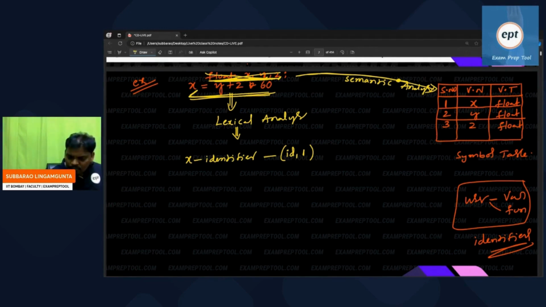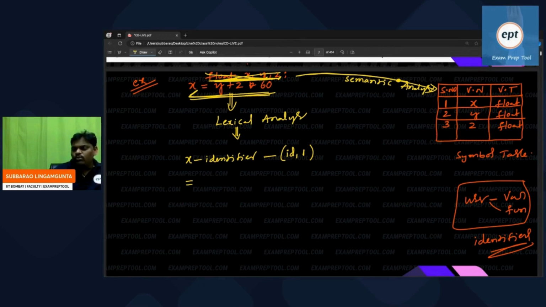Next, after X, an equal sign is coming. Can anyone help? Does the C compiler know about all C language operators or not?